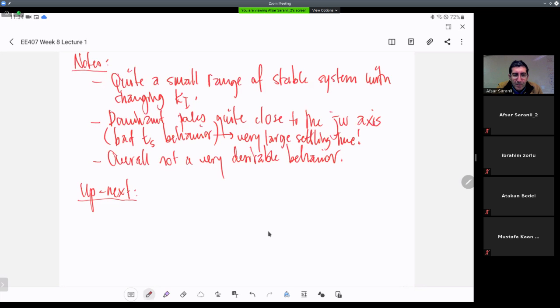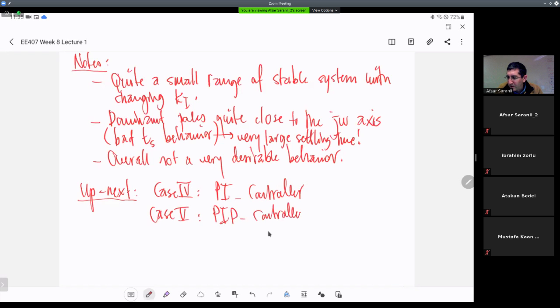Up next, which is going to be tomorrow, is case 4, which is the proportional integral controller. And case 5, which we will also discuss, is the full PID controller. Okay? So we will wrap up the root locus tool, locus-based analysis.